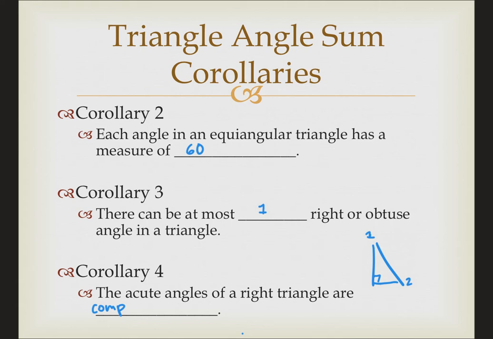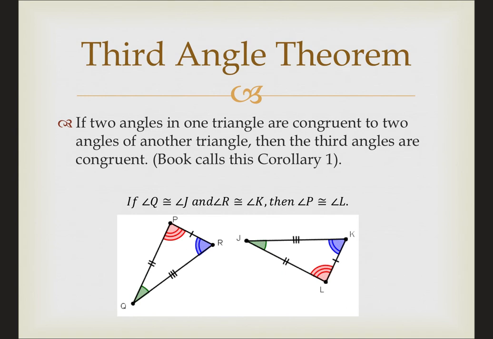Let's continue this excitement. Now, this one you probably aren't aware of. So here's new information. The third angle theorem. This one states that if 2 angles in one triangle are congruent to 2 angles of another triangle, then the third angles of each triangle have to be congruent to each other.